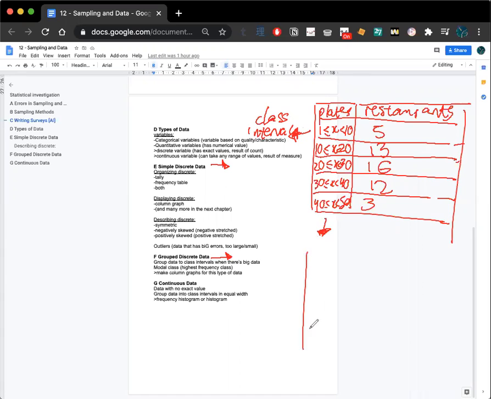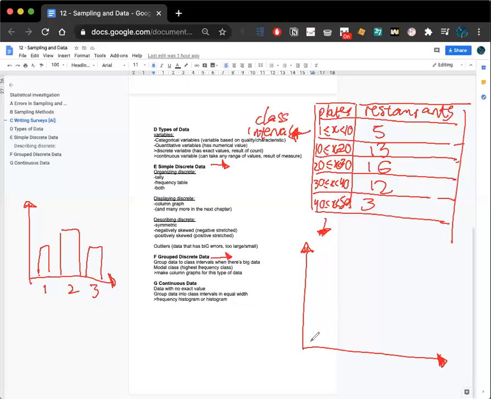And their column graphs are similar to the ones before, except for this time. The thing with discrete data is that if you have, for example, this data, this would be written in a way that it's 1, 2, 3. But then for the group discrete data, if you have something like above, let's draw an estimation of the graph.